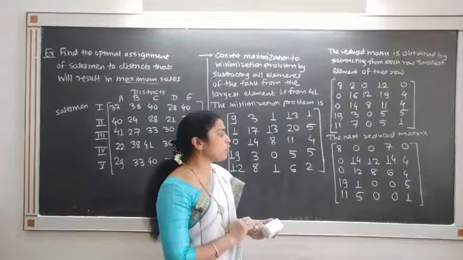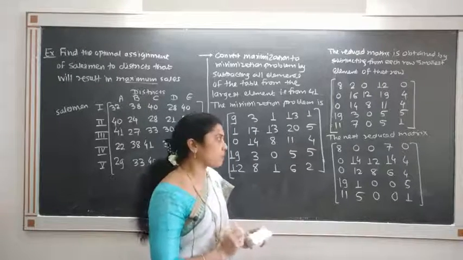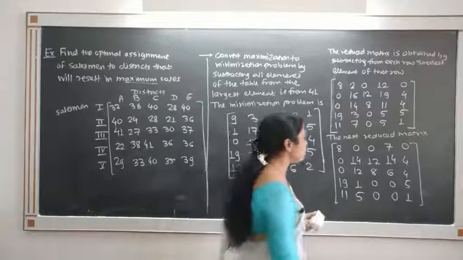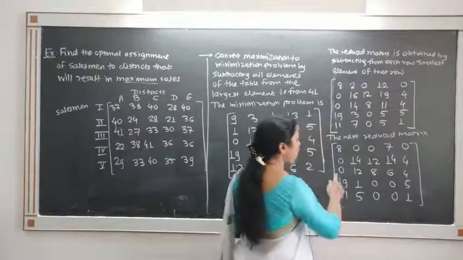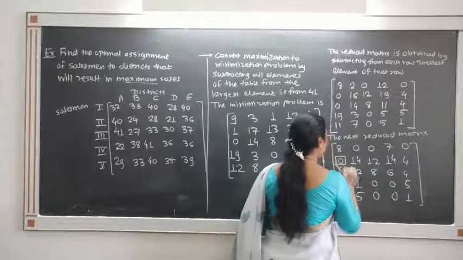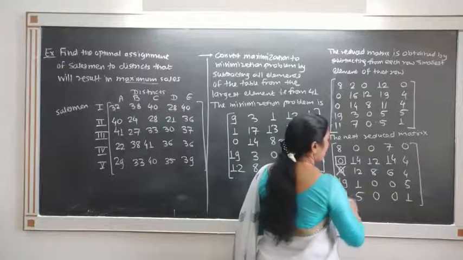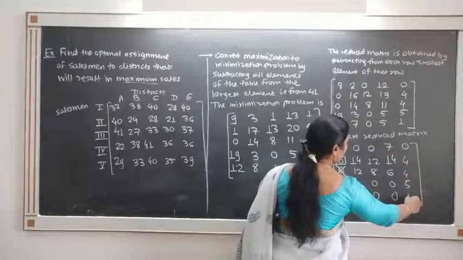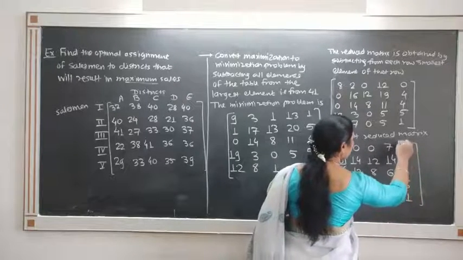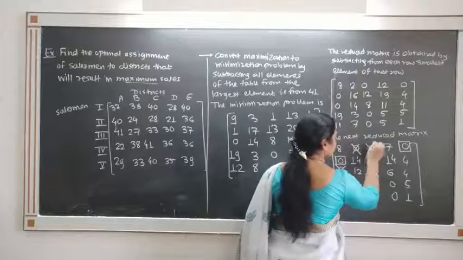Now every row and every column contains 0. Search for a single 0. A single 0 appears in the second row, so box that and strike off the others. Now a single 0 appears in the last column, so box that and strike off the others.